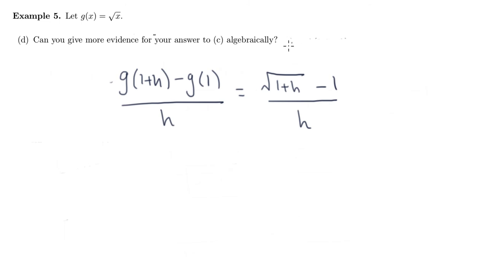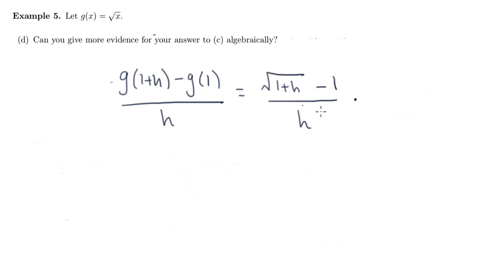Well, this is a perfect time to introduce a very useful technique in calculus. It's called multiplying by the conjugate. And it's going to happen a lot anytime you see a square root. I see the square root, and I really want to get rid of it.